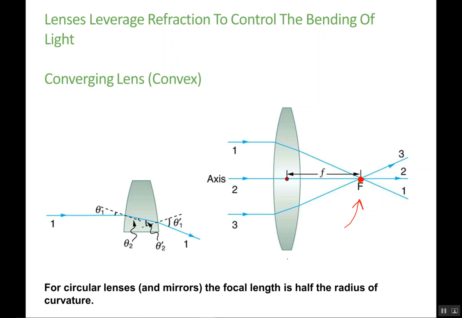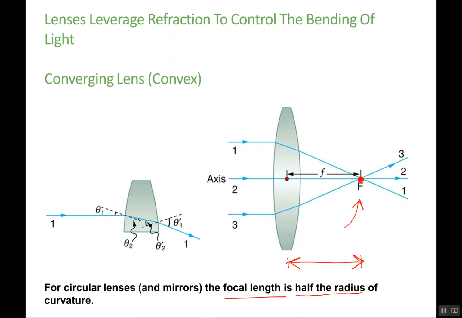All right, so the distance from the center of the lens to that special spot called the focal point is called the focal length. And for spherical lenses, where the curvature can be thought of as part of a spherical shape, the focal length is exactly half the radius of curvature of that spherical shape.